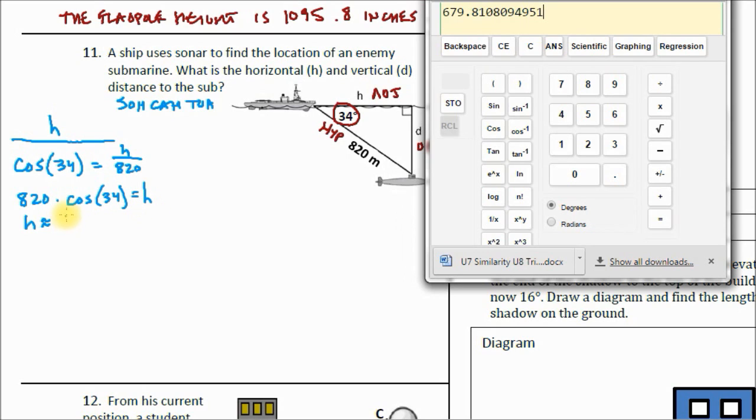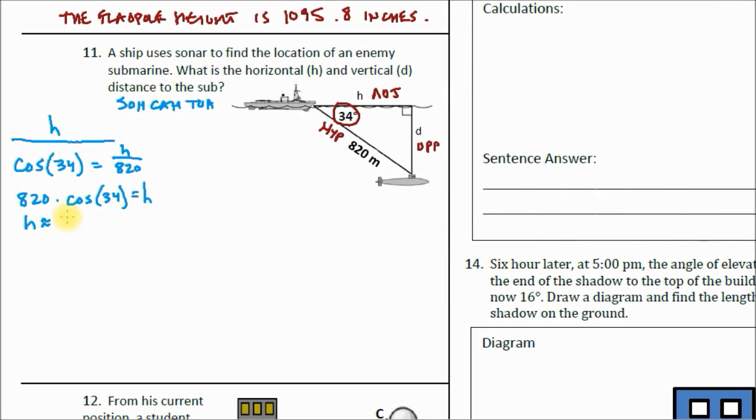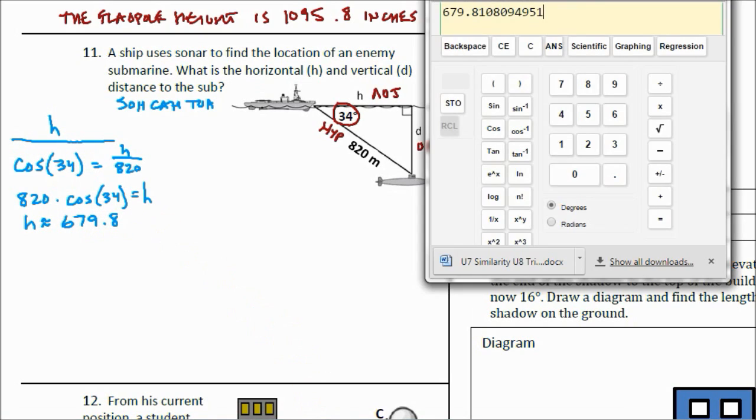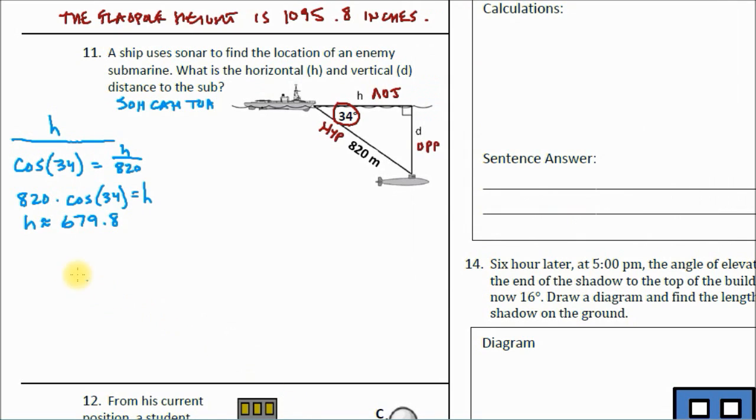That's correct. So let's go ahead and write this as 679, and I think rounding it correctly is 0.8. Yes, because the 1 drops off and the 8 does not change. So 679.8 meters.